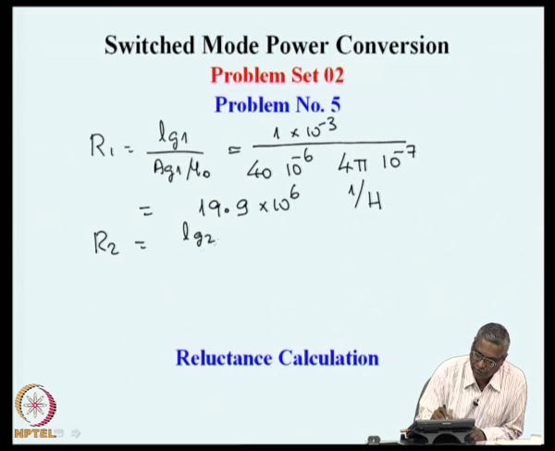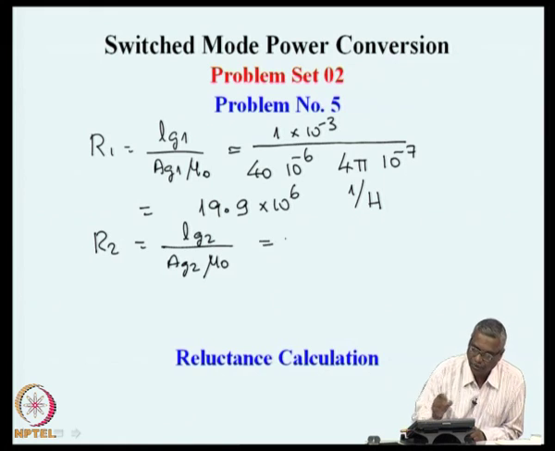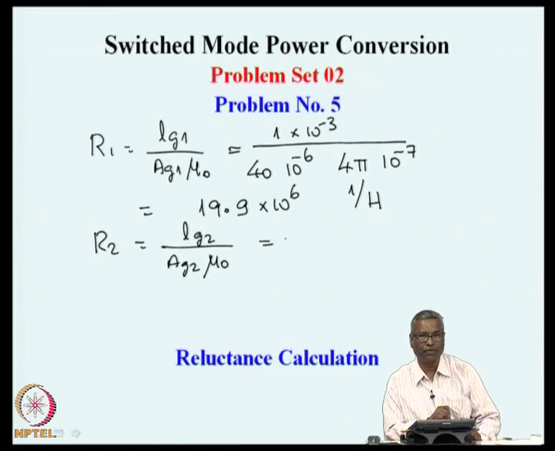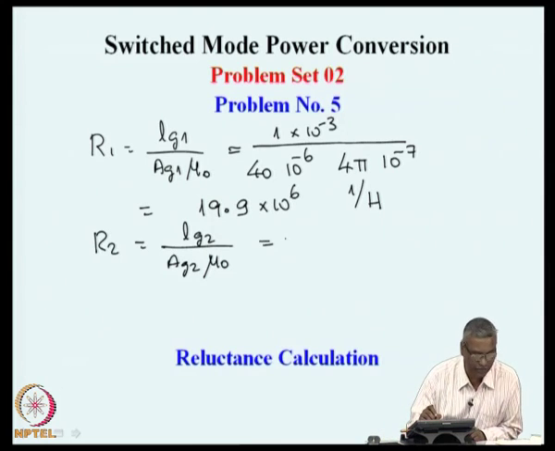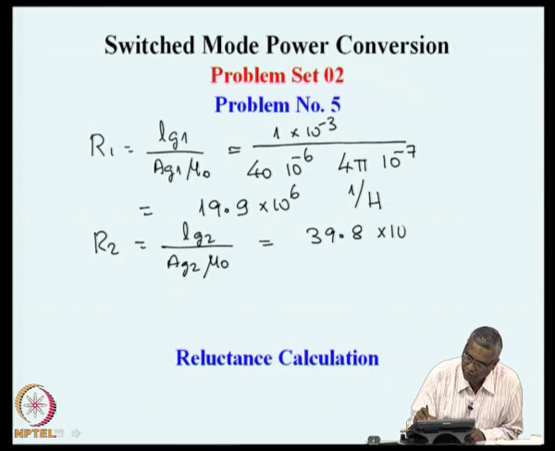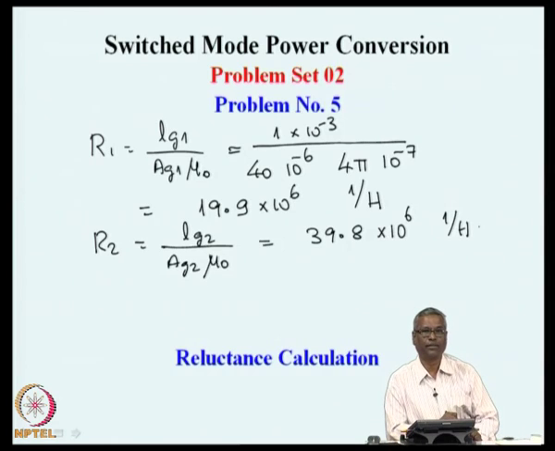R2 is Lg2 divided by Ag2 mu naught, and because Lg2 is double Lg1, all other quantities being equal, we can say that this is 39.8 into 10 power 6 1 by Henry.